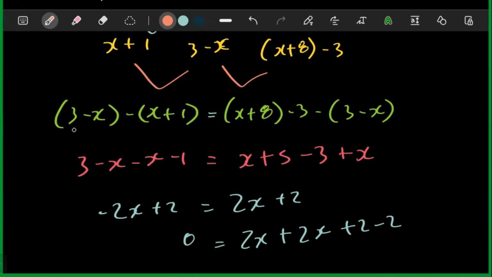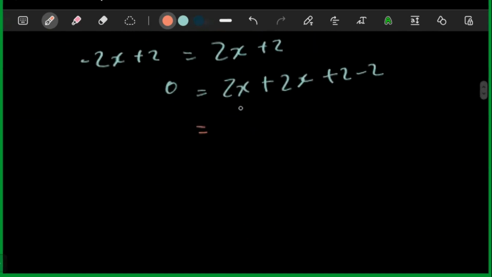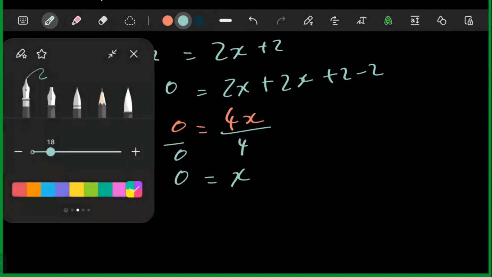Here, if you have a 0, it's 3 minus 1, which is a 2. Okay, so x is a 0. X is a 0, that's what we're getting here, so it is what it is.